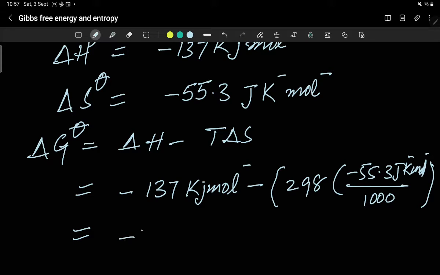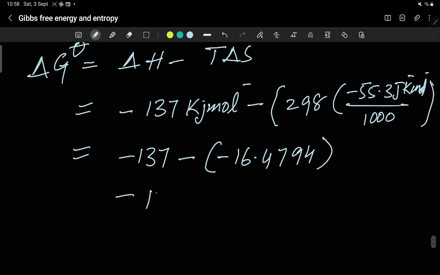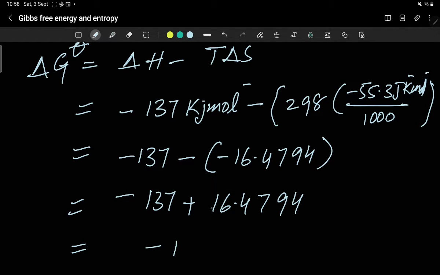So this is minus 137 plus 16.4794, and delta G is equal to minus 120.5 kilojoule.